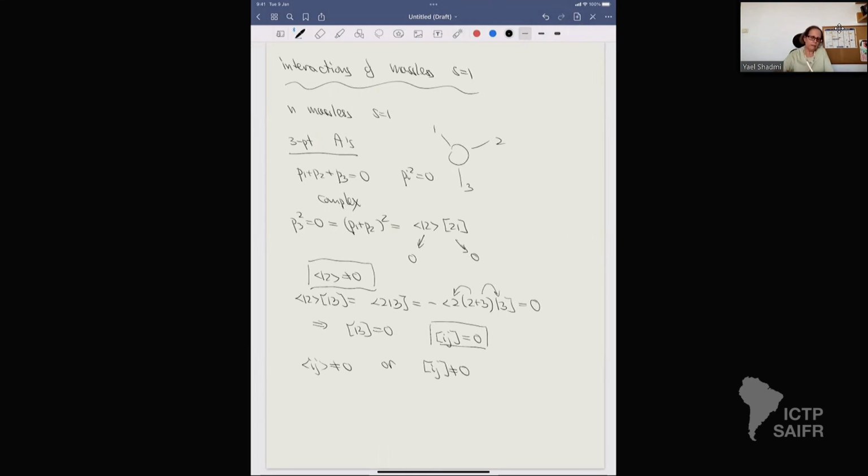So either we have what's called all square kinematics or, sorry, other way around, of course. Let me change that: all angle kinematics. Okay, either just squares or just angles.